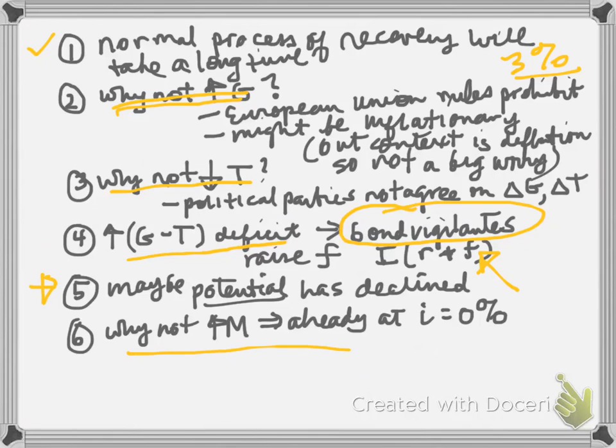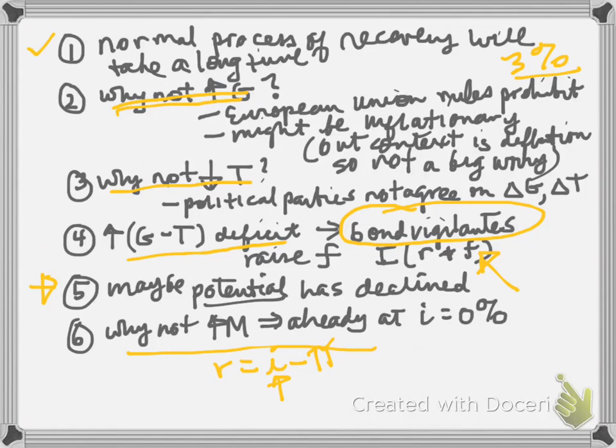Finally, we should ask, in the transition to our zero lower bound, whether there's room for the central bank to pursue expansionary monetary policy when the interest rate's already 0%. And there it's important to remember that the real interest rate is the nominal interest rate minus inflation. If inflation is negative, then the real interest rate is going to be positive and significant when we're at the zero lower bound, when i is equal to 0.